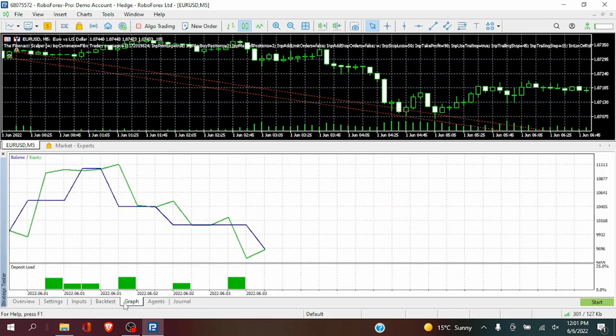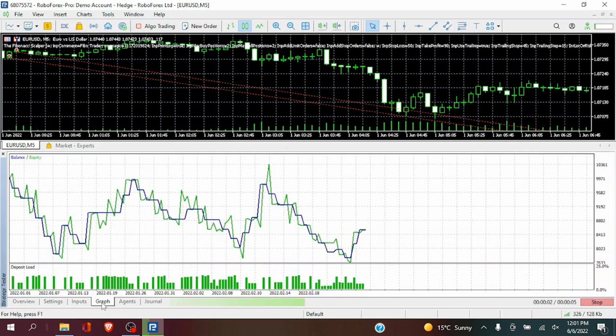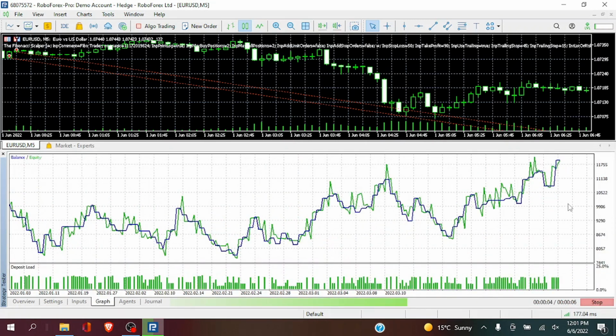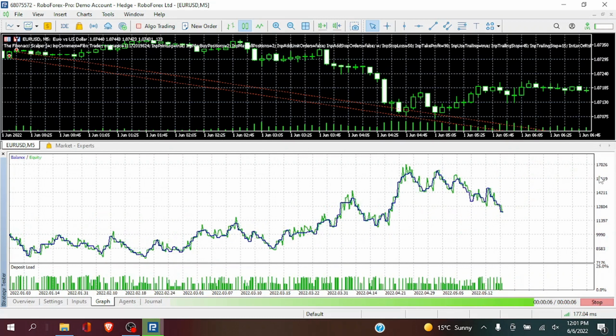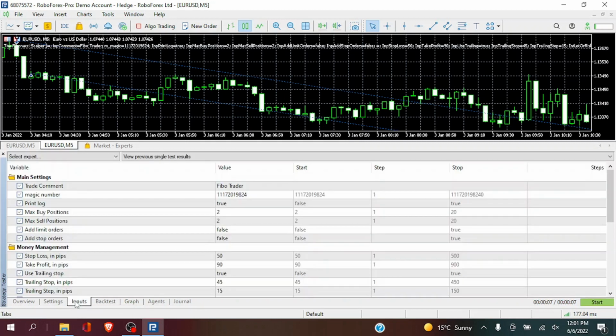So this was for a very short period of time, and you can see a little bit of up, a little bit of down, but let's see what it does on a longer time frame. And we can see a little bit of up and down, but overall the EA is able to perform well in the longer time frame.